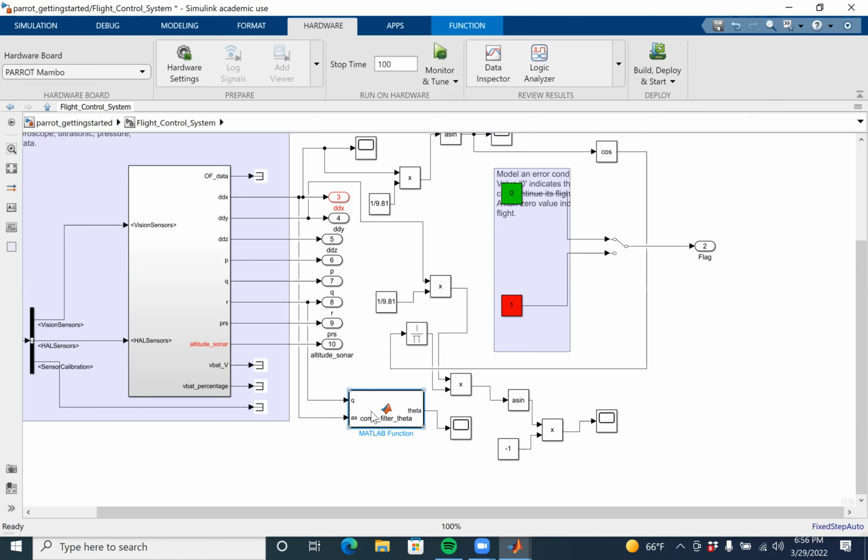There is a minus sign here, right? Okay, so this is the angle from accelerometer, and from the gyro it is P multiplied by delta T, and the complementary filter is going to be 0.05, 0.95.